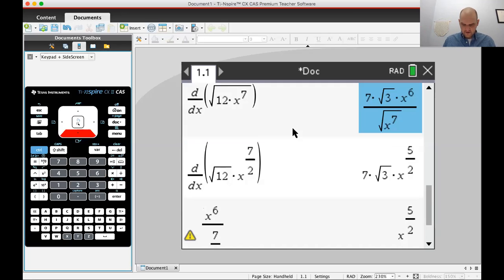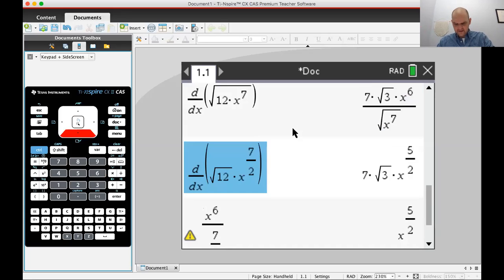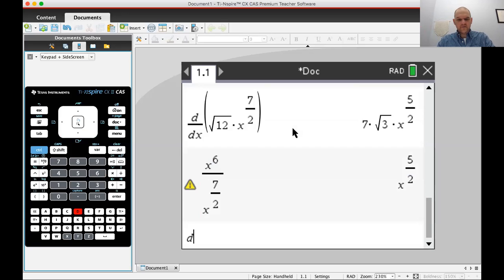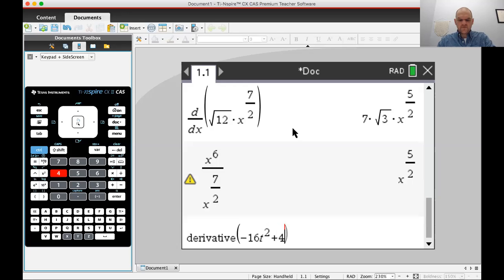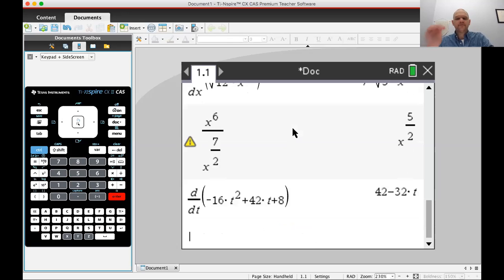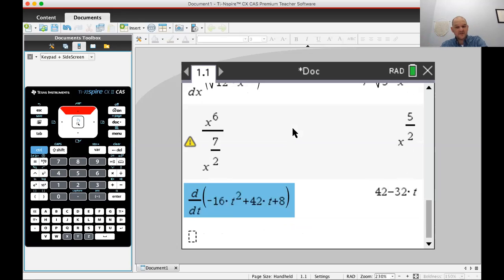So let me go back in the notes. I'm going to highlight that because we definitely got it right. The next one I have no doubt that we got right, but I'll do it anyway just to illustrate. Negative 16t squared plus 42t plus 8 with respect to t. It's really important here that you use t as your independent variable.